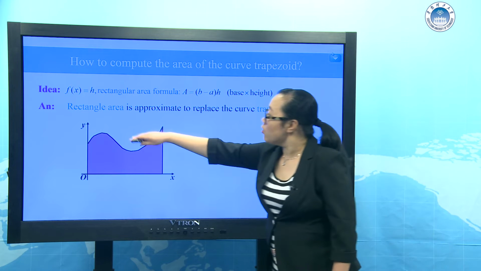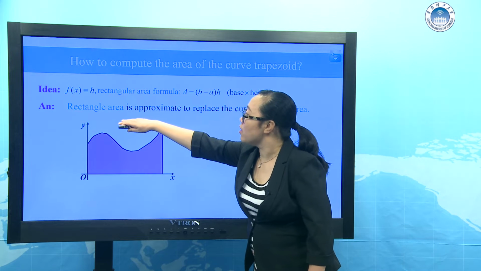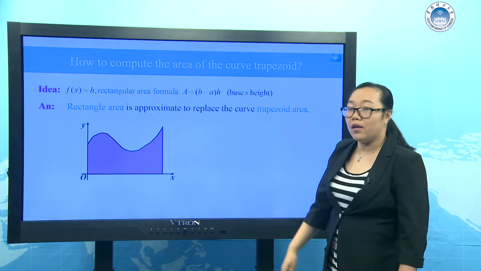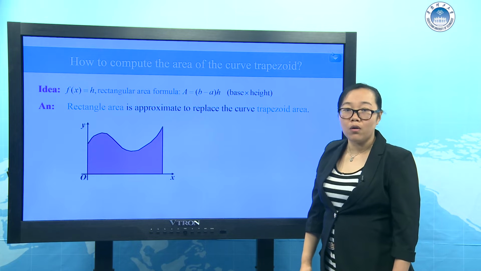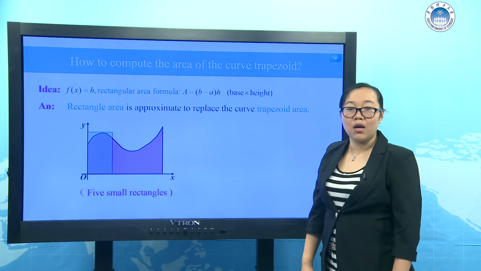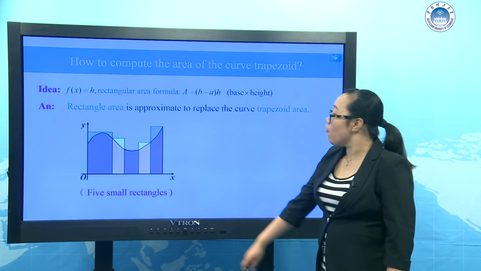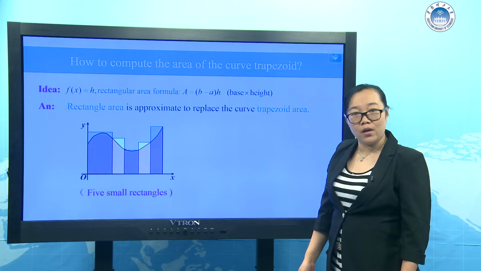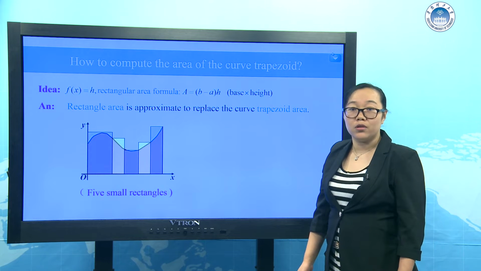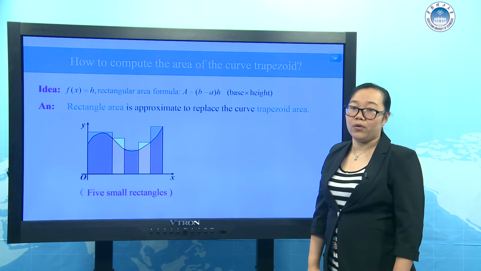Now, the rectangle idea means the rectangle area is used to approximately replace the curved trapezoid area. How to replace? Look: if we have 5 small rectangles, the corresponding area is approximate to the trapezoid area.